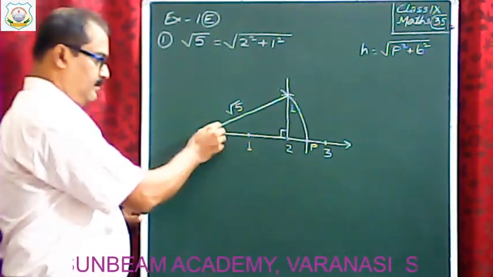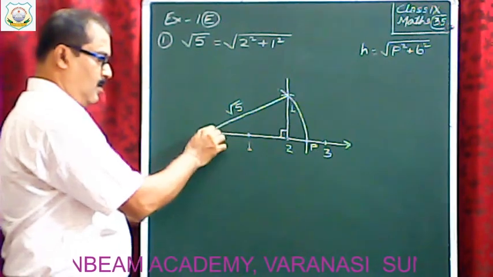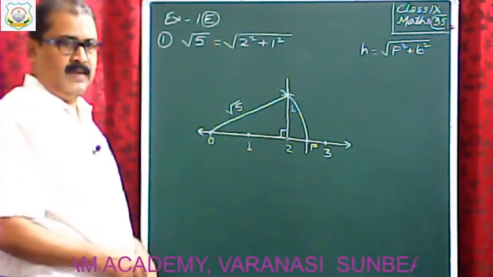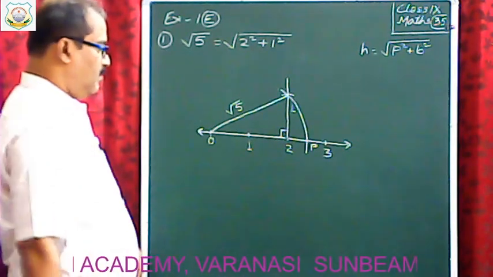Listen again. The length of the hypotenuse is square root 5 as per Pythagoras theorem.